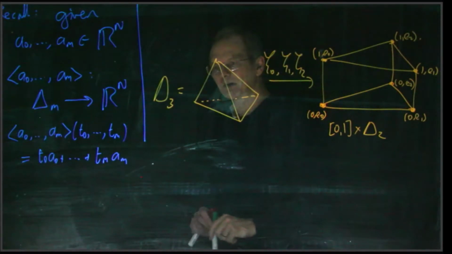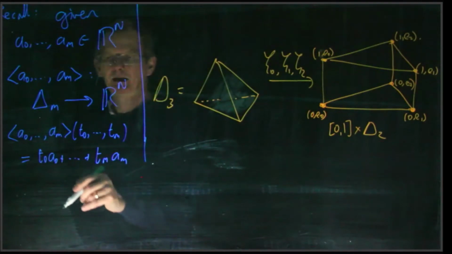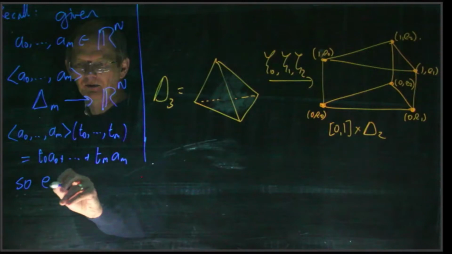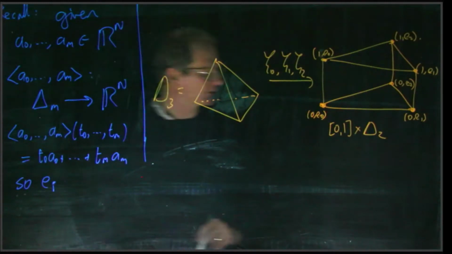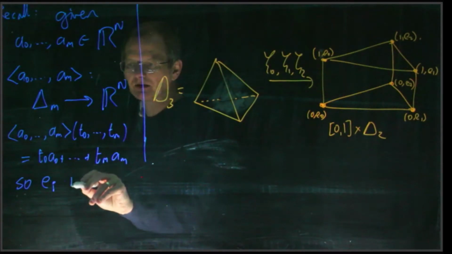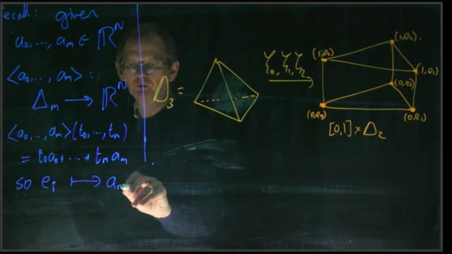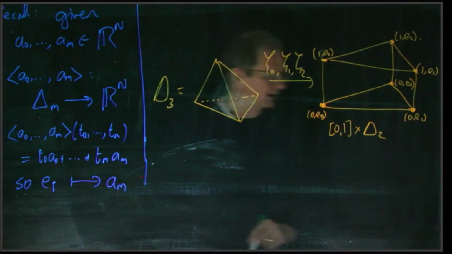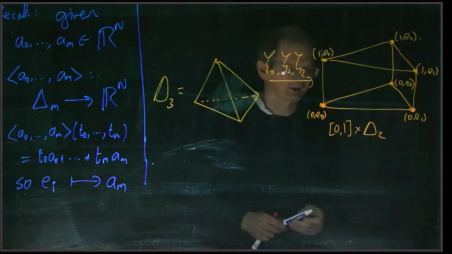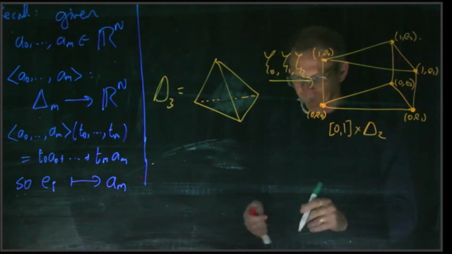The simplex is given by this simple formula, and the point is that if you take the ith vertex in your m-simplex, that's just getting sent to the vertex ai, and so the image of this is just going to be the simplex whose corners are the ai.